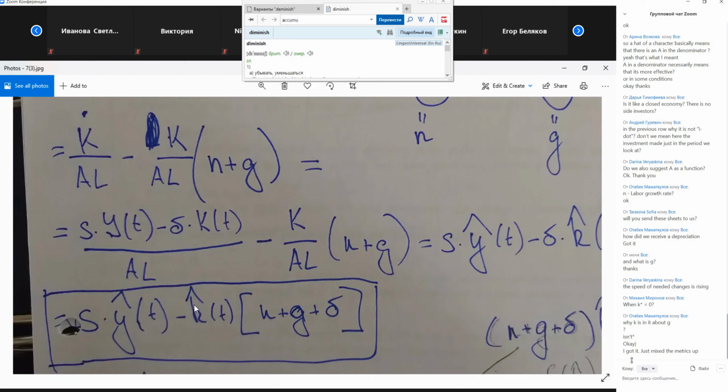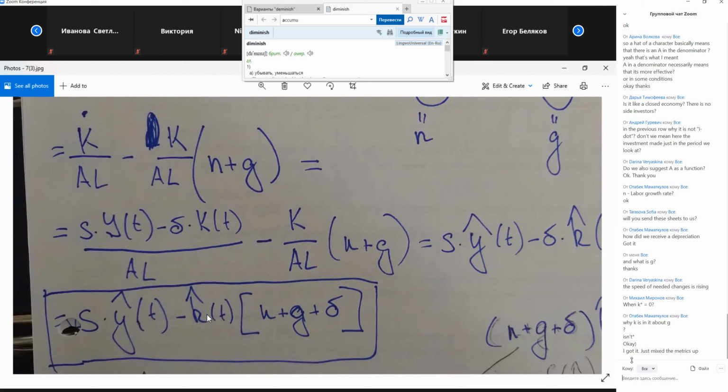If we look at this function, k times n plus g plus delta, the decrease in g, how does it affect the slope of this line? Does it become flatter or steeper? Flatter means it rotates clockwise, steeper means it rotates counterclockwise, or it becomes more parallel to the x-axis or more parallel to the y-axis.